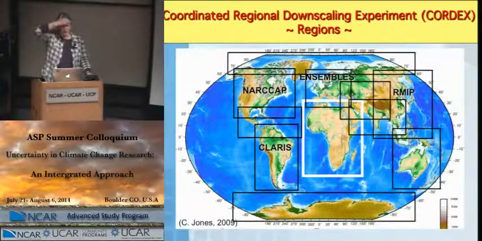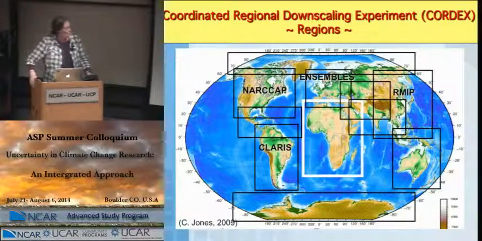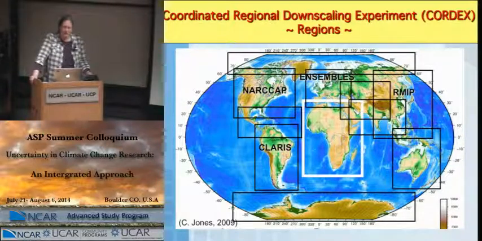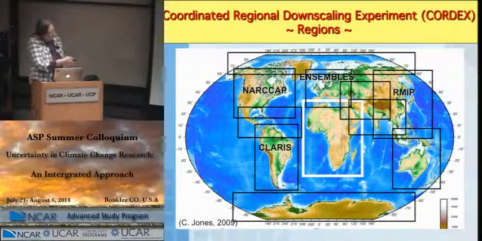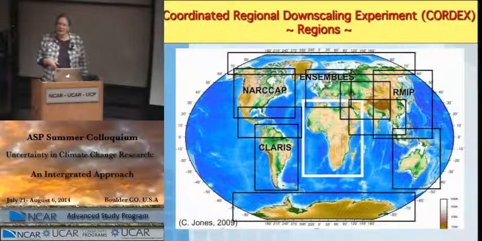There's a new program, it's been going on for several years now, the Coordinated Regional Downscaling Experiment, CORDEX, started by Filippo Giorgi and Colin Jones, in which domains have been created from all the land areas and regional models run on all those areas. And this program is going great guns.